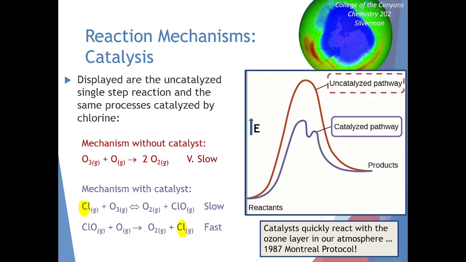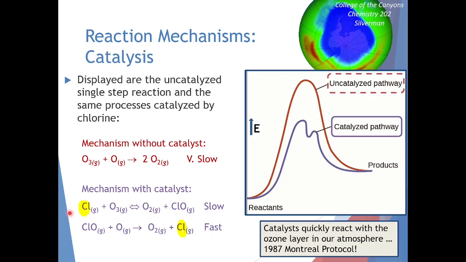Chlorine is there in the beginning, chlorine is there at the end. Even just a single chlorine atom can react with many, many, many ozone molecules, causing them to decompose. Right? So this catalyst allows this large hole in the ozone layer to start to form.